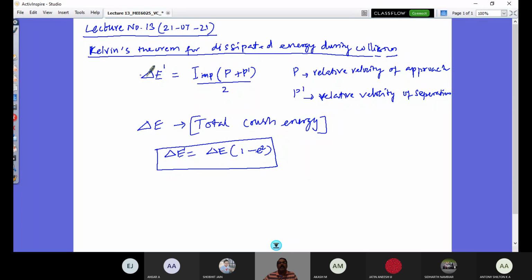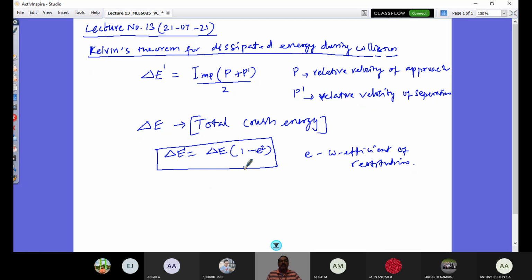So the dissipated energy stated by Kelvin's theorem finally ends up as the total crush energy multiplied by 1 minus E squared, where E is the coefficient of restitution. We are going to look at how this relationship is obtained.